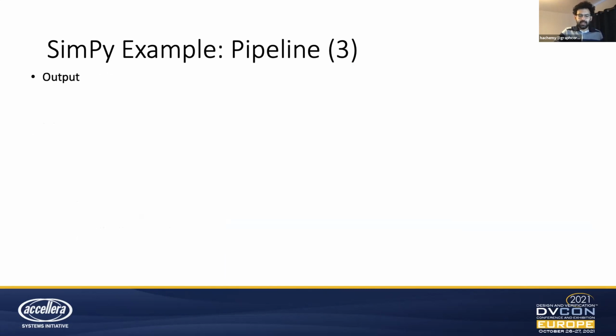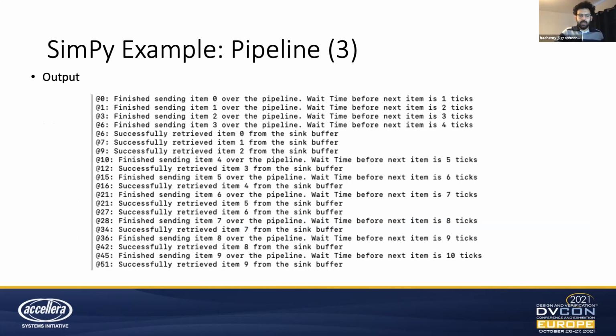And basically, the result will be something like this. So the @ here is the cycle ID, the tick at which this has happened. You can see that what I explained before about what this is supposed to be doing is actually happening.